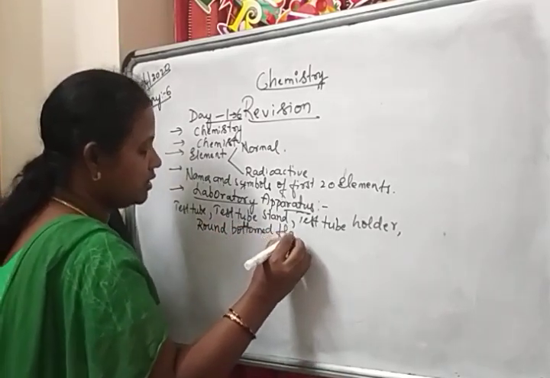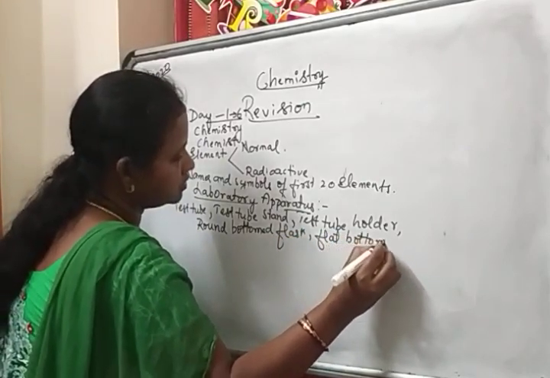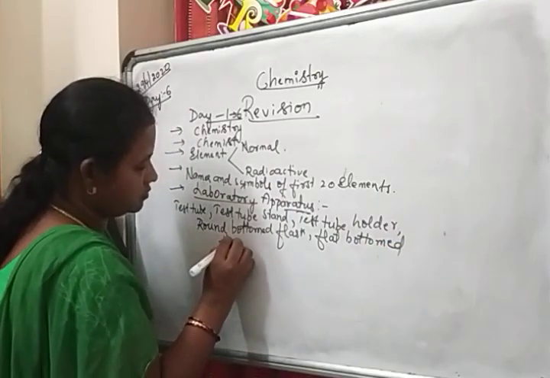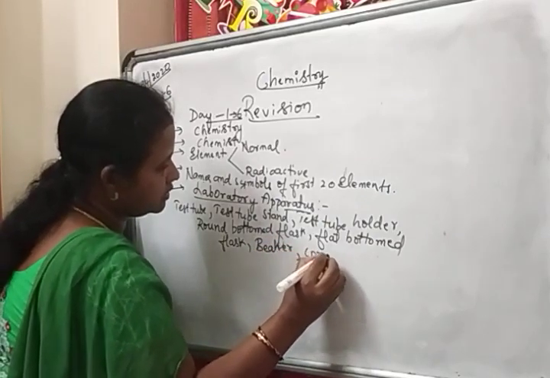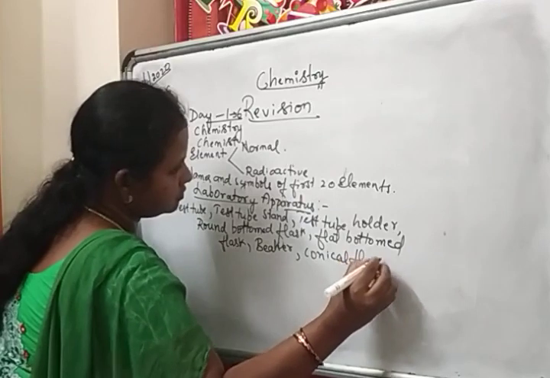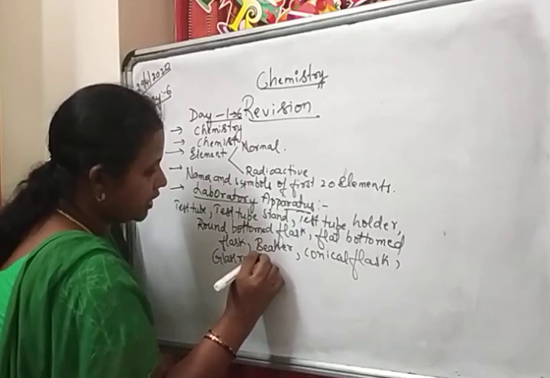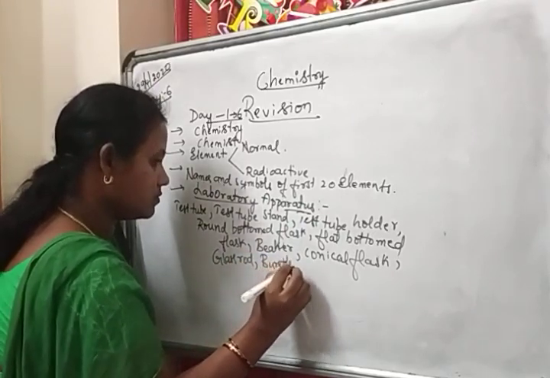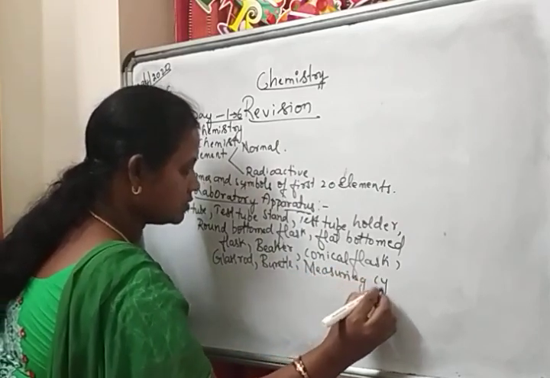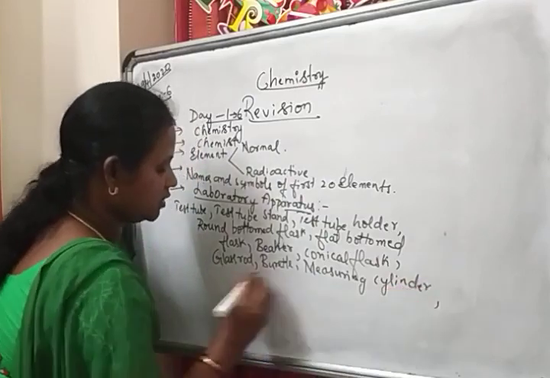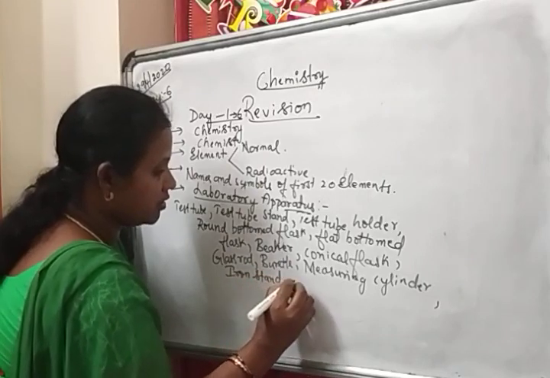Round bottom flask. Next one is flat bottom flask. The next is beaker, conical flask, glass rod, burette, measuring cylinder, iron rod, iron stand, tripod stand.